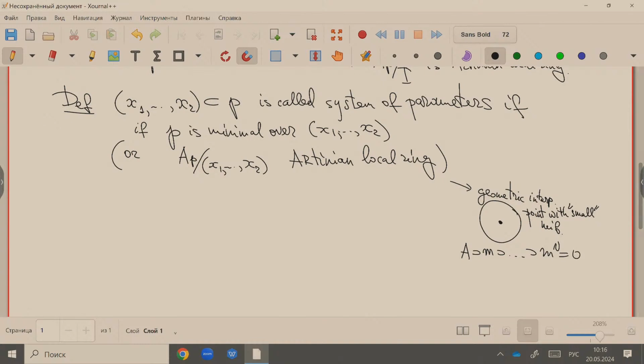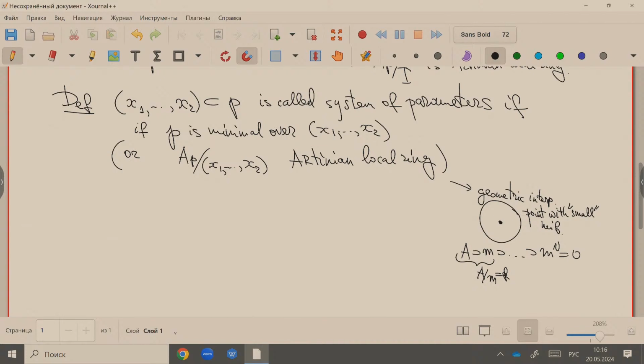So here you have A modulo m. This is a field, and a field is just the functions at the point, if you are thinking about functions with values in the field itself.